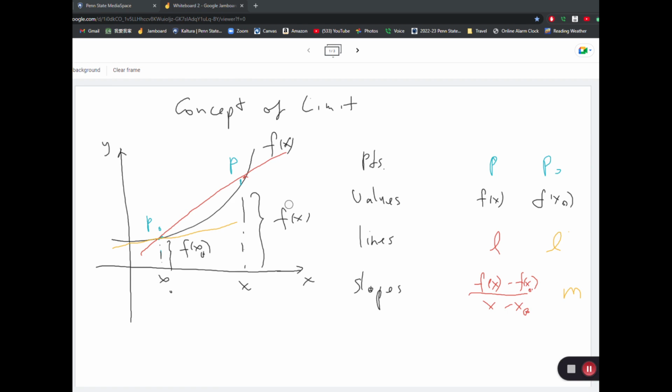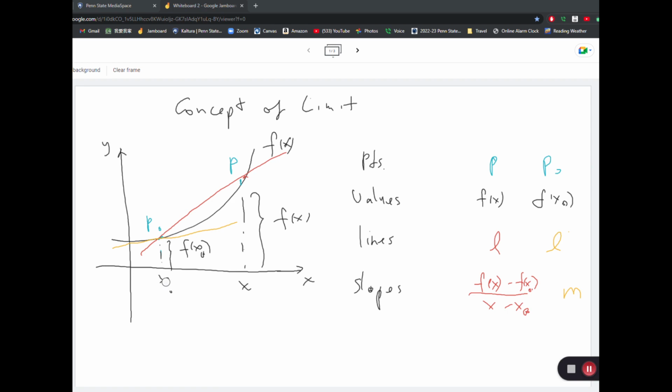So before we get to that, let me talk about other involved quantities. In addition to points, at a location x, there's point p, right? The height of this p, by definition of the graph, how we graph it, is actually the function value. So I mark it as f of x.